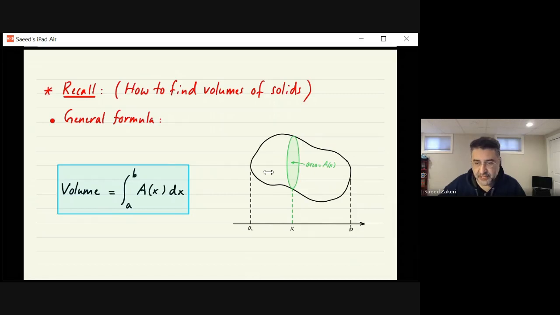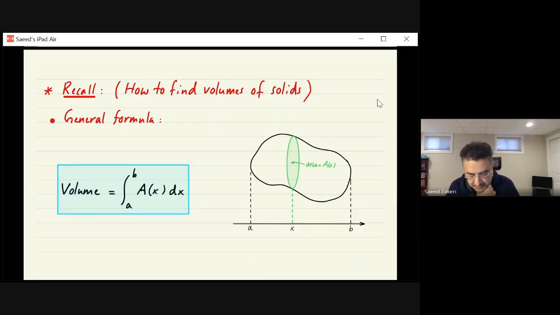But there are some special cases in which, when we apply this formula, the appearance of the formula will change. One special category of solids that we discussed was solids of revolution.